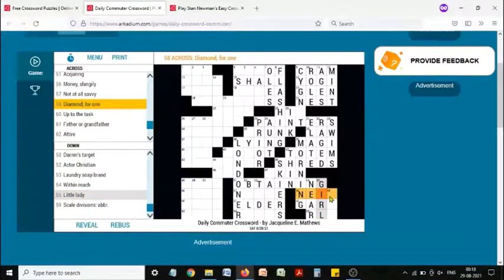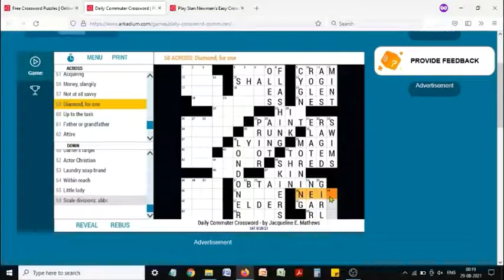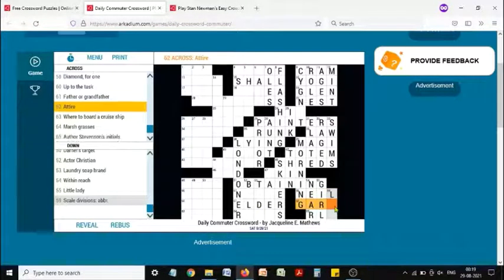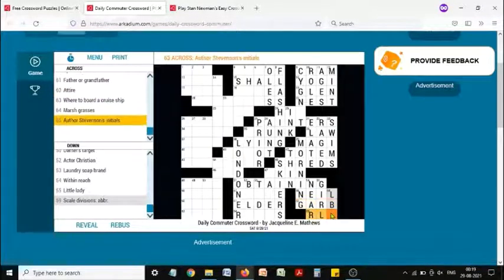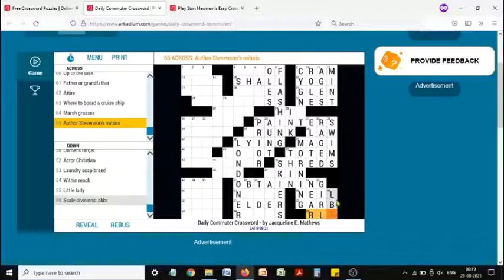Lifted across. Oh, diamond. So this is actually not referring to the precious stone. It's referring to a singer. And there was this guy called Neil Diamond. So the clue is in for one, so it's one of the diamonds. So here it's referring to an actual person. Attire, garb is attire. To dress is also called garb.